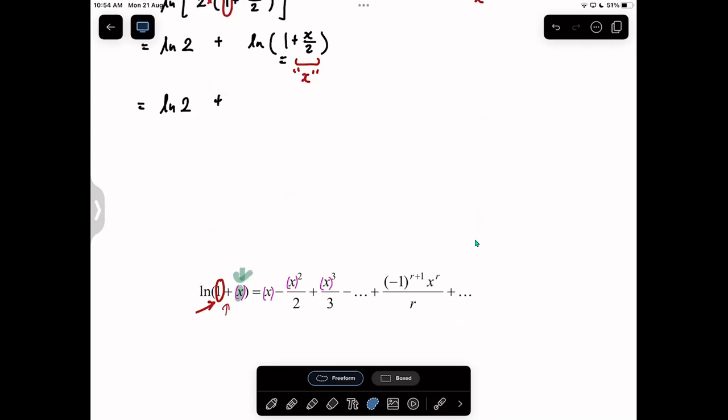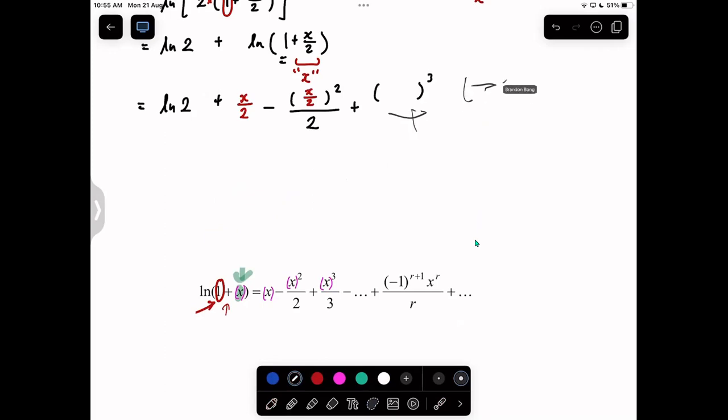X, but in this case it's x over 2. Subtract away, bracket, power 2 over 2. In this case it's x over 2 in between the brackets. Plus x over 2 to the power 3 divided by 3. And then minus, do you need the power 4 term?